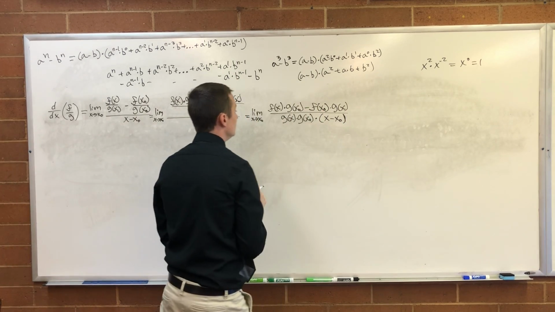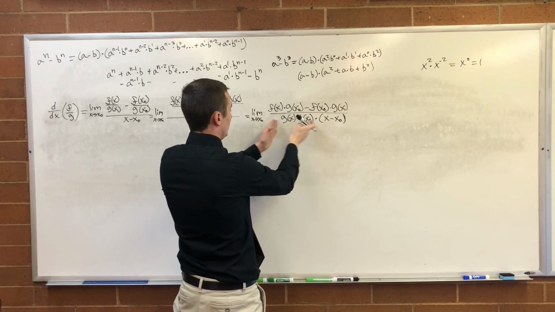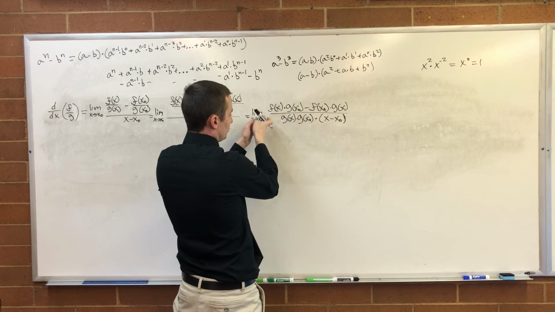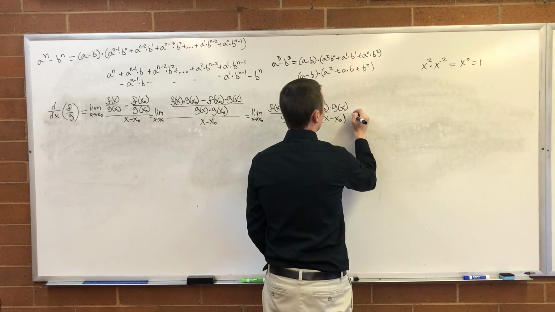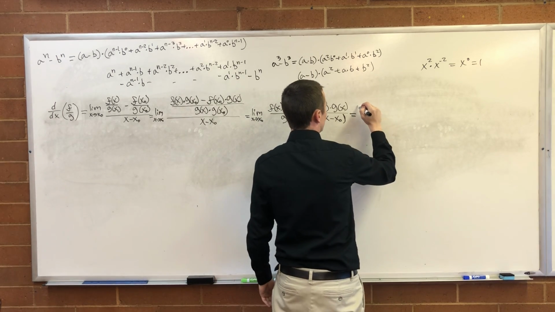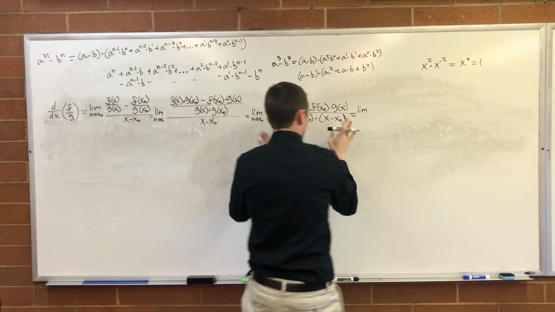So now, I'm just going to take 1 over g of x times g of x naught and pull that clear out front. Not outside the limit, but just outside my fraction to help you see things.